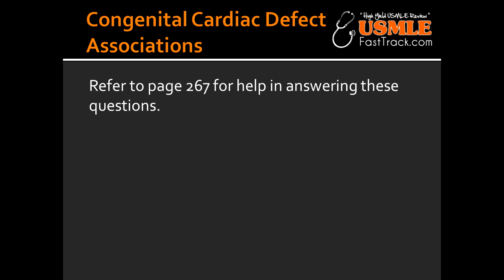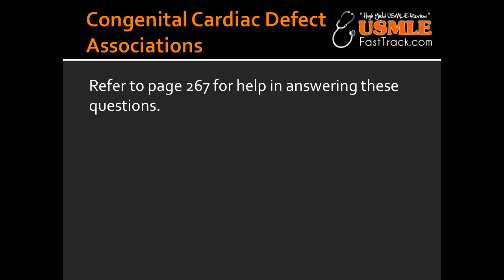Some of the congenital cardiac defects associated with Down syndrome include ASD, VSD, AV septal defect, which is the endocardial cushion defect. What are some of the congenital cardiac defects associated with congenital rubella? Some of the congenital cardiac defects associated with congenital rubella include septal defect, PDA, and pulmonary artery stenosis.